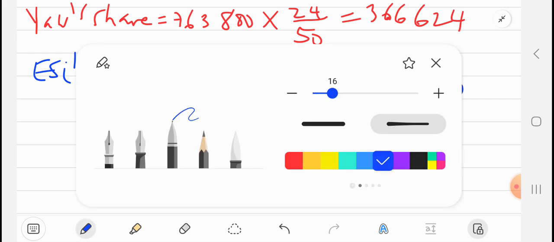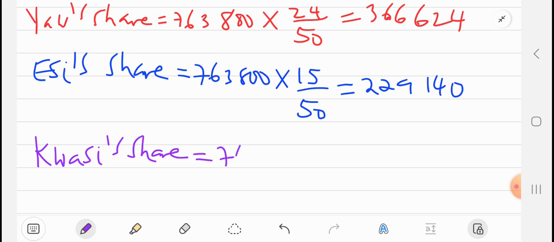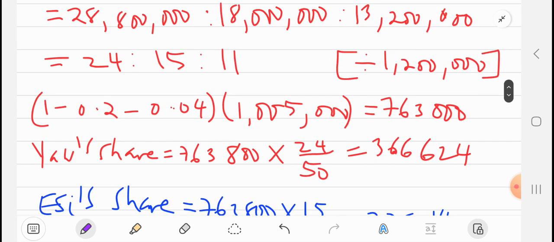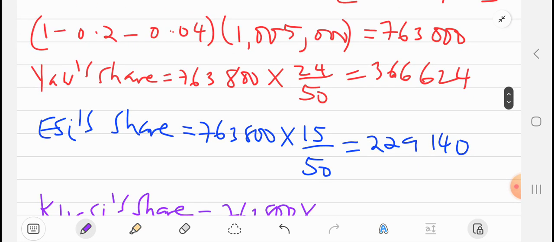And we continue to look at the next one, to look at Kwasi's share. Kwasi's share is 763,800 multiplied by, all right, if you look at Kwasi is actually the last one, 11 in the ratio.